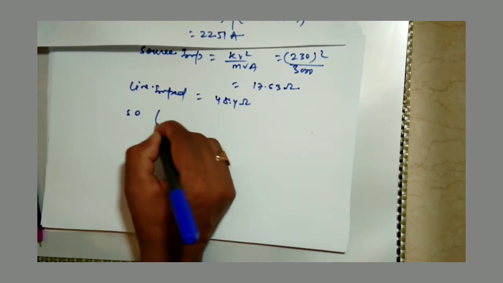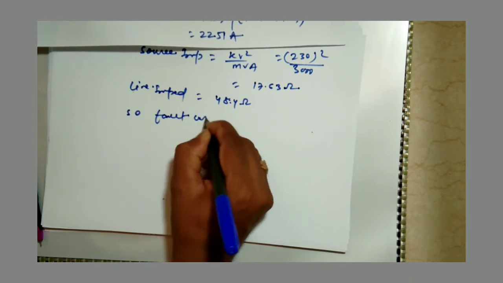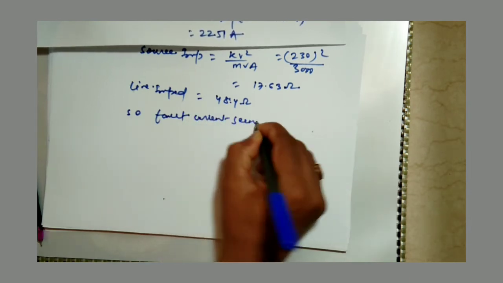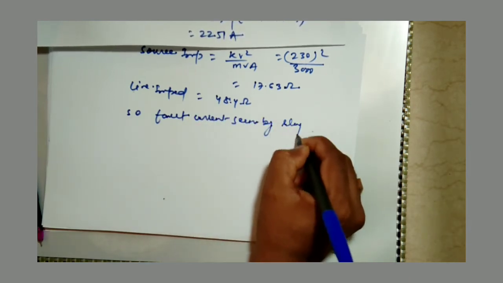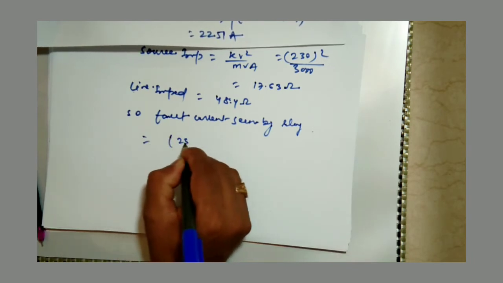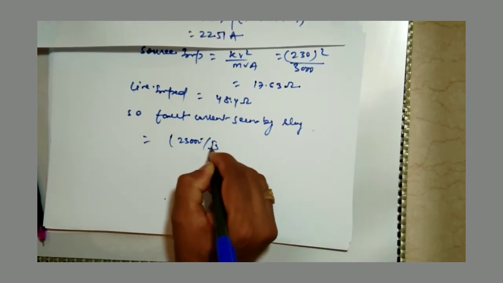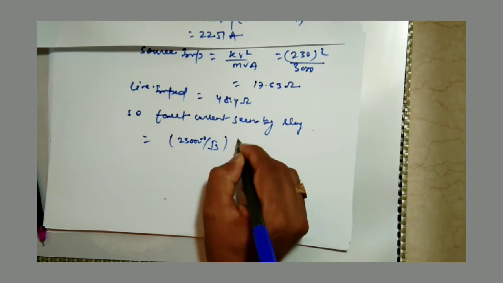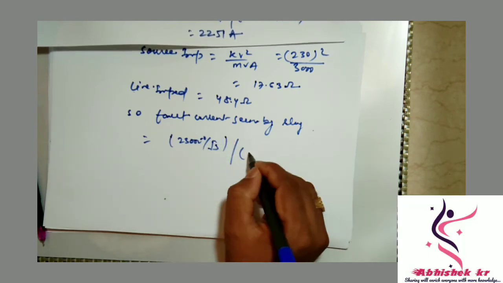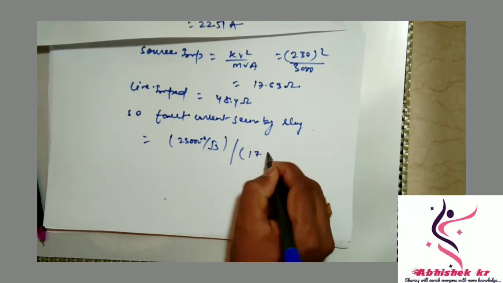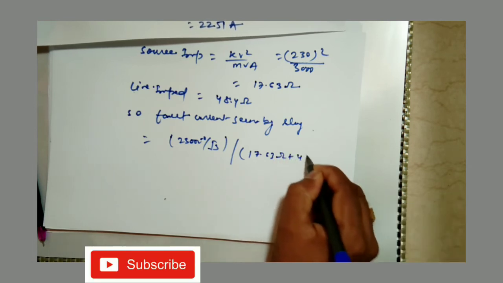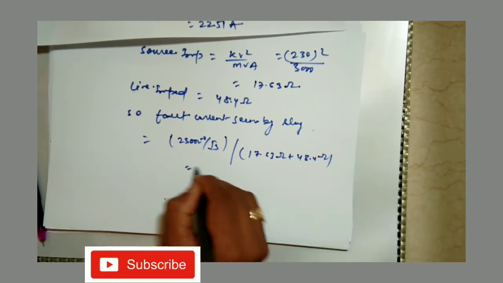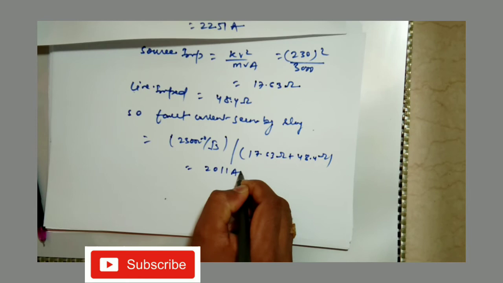So the fault current seen by the relay will be 230 kV by root 3 by V by R, that means 17.63 ohm plus 48.4 ohm, you will get the value of 2011 ampere.